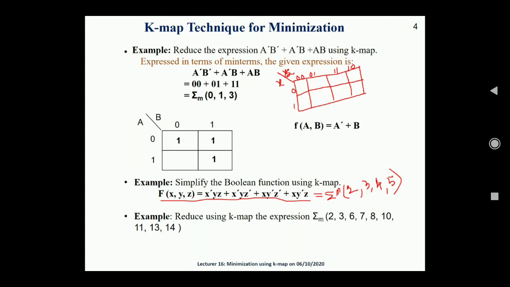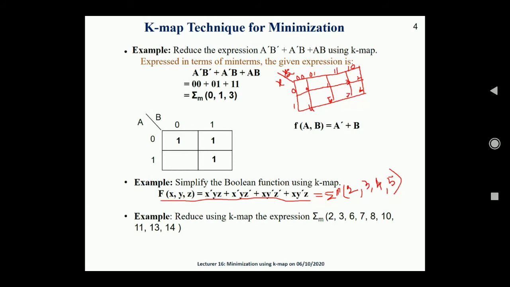Whatever min terms are generated, this one is 0, this one is 1, this one is 2, this one is 3, this one is 4, this one is 5, this one is 6, and this one is 7.